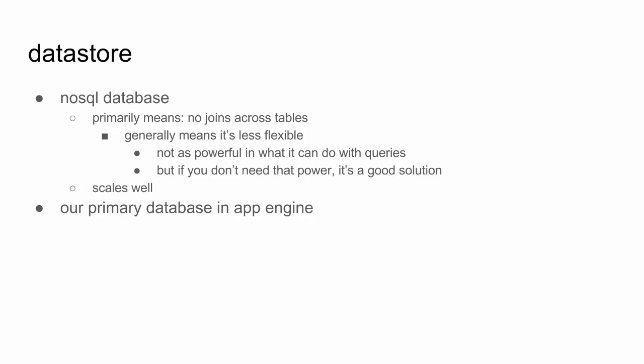So if you were looking for the birthdays of all the users who posted videos today, one table has user birthday, another one has user video. You look at all the ones that posted videos, take those names, and look at the other one. Instead of doing it in one operation as you would in SQL, maybe do it in two operations with NoSQL. So this is going to be our primary database in App Engine.